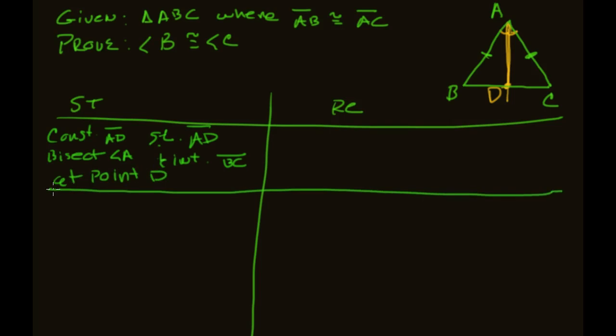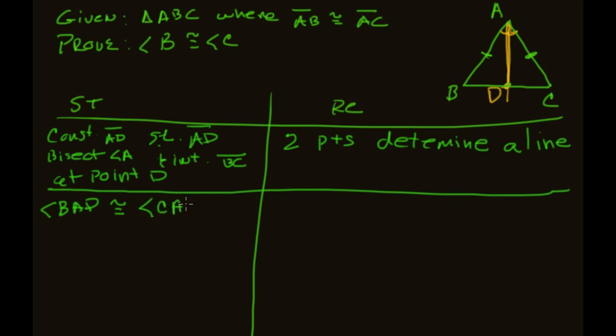And since it's going through A and it's going through D, I can say that that happens because 2 points determine a line. There's only one line that can do that, so that's pretty clear that that's the line. Okay, so from there, I now know that angle BAD has to be congruent to angle CAD, because we said that this is a bisector.